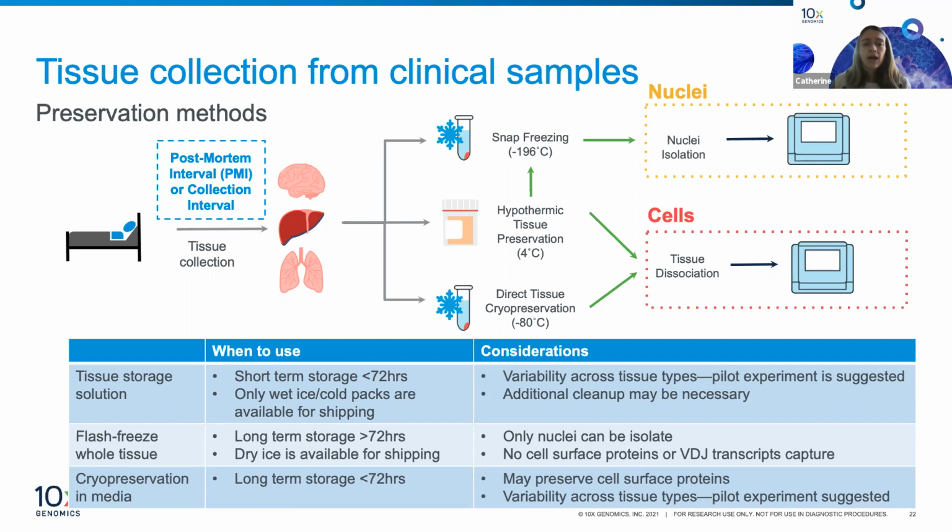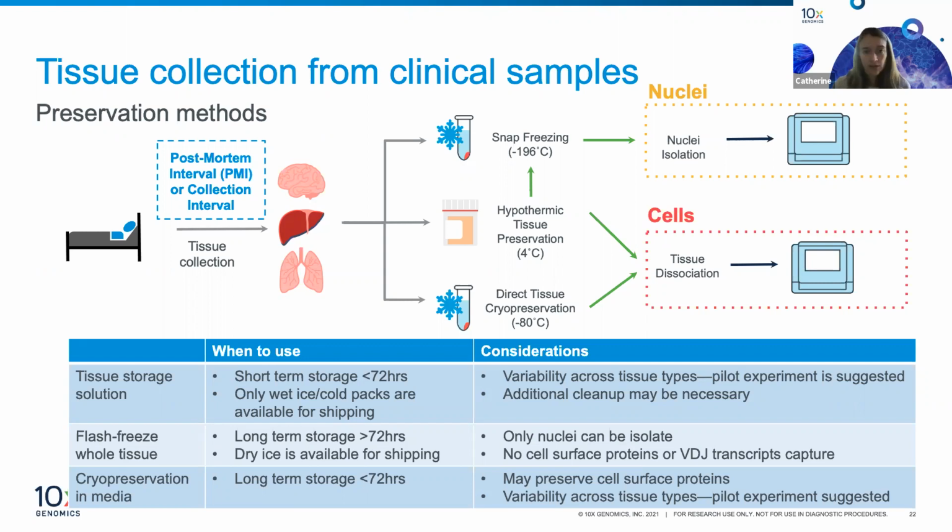If you are happy to work with nuclei, and that is applicable for the assays you want to run and the applications you're trying to perform, then snap freezing of that tissue might be a good option. If, however, you want to work with single cells, perhaps to enrich for specific cells or do feature barcoding, then there are options such as tissue storage solutions and cryopreservation in media.